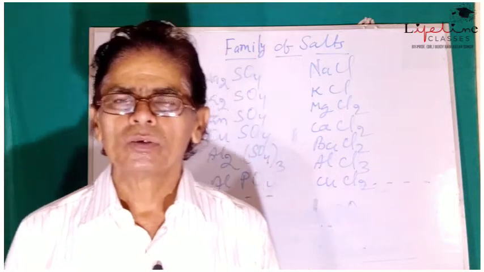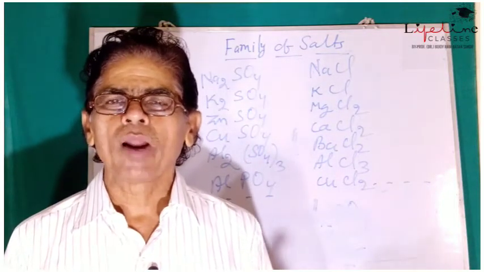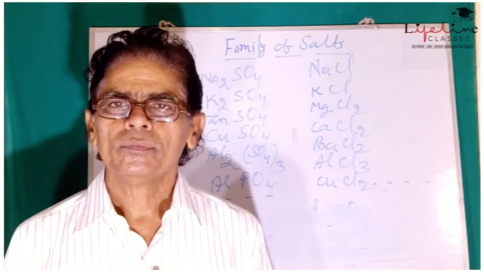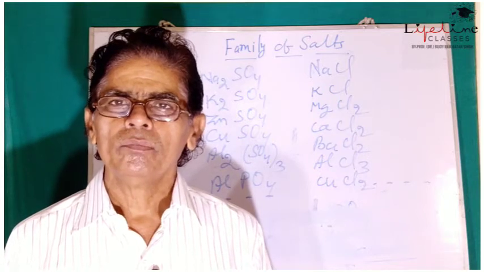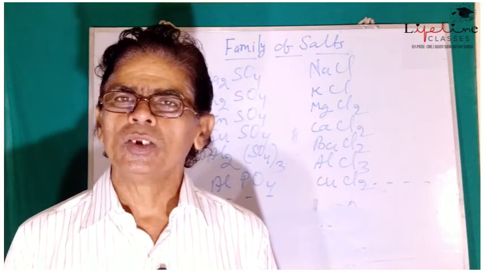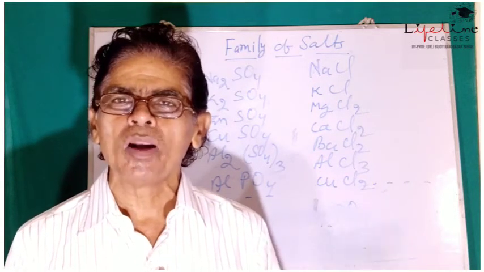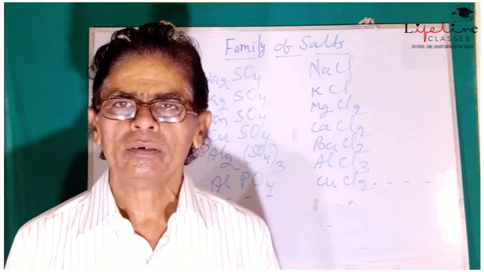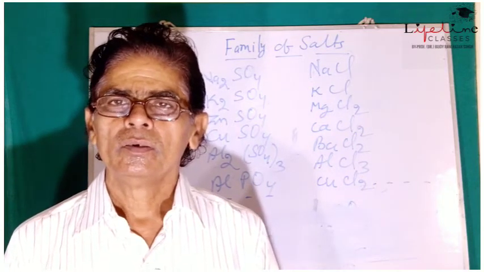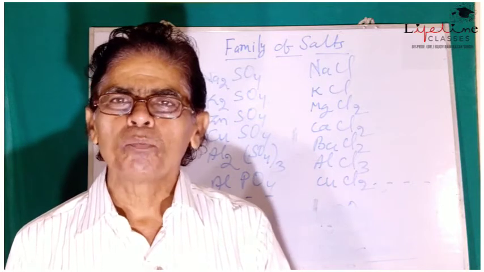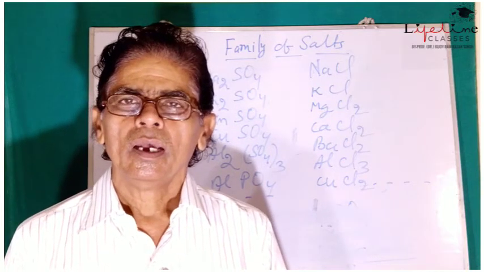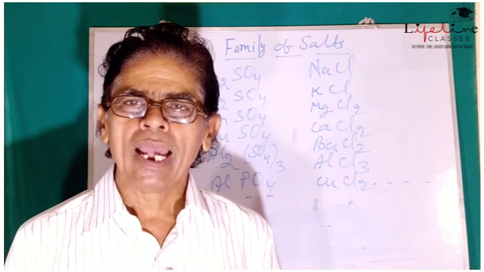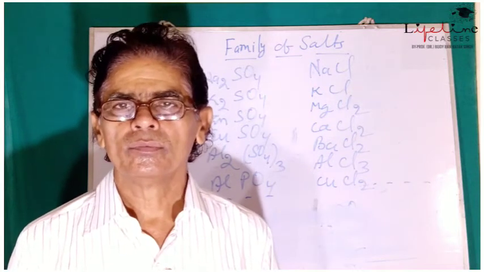It is because when ammonium chloride is dissolved in aqueous medium, its molecules get ionized. The ionization products are ammonium ions and chloride ions.